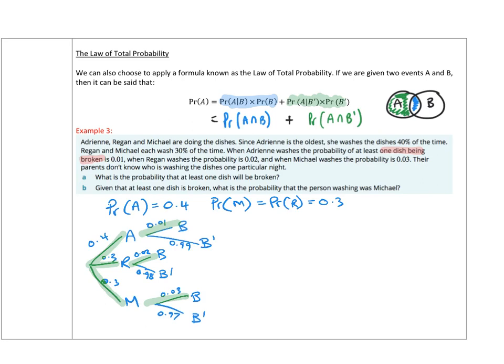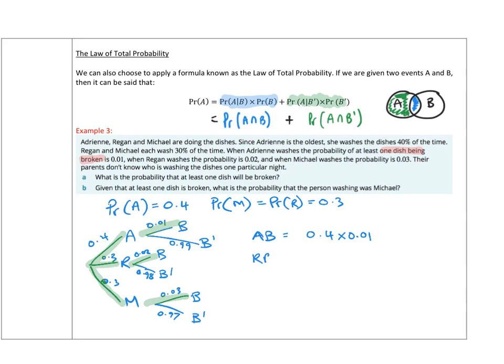So we've got the probability of Adrienne first. Imagine this as AB, or that top row, is equal to 0.4 times 0.01.